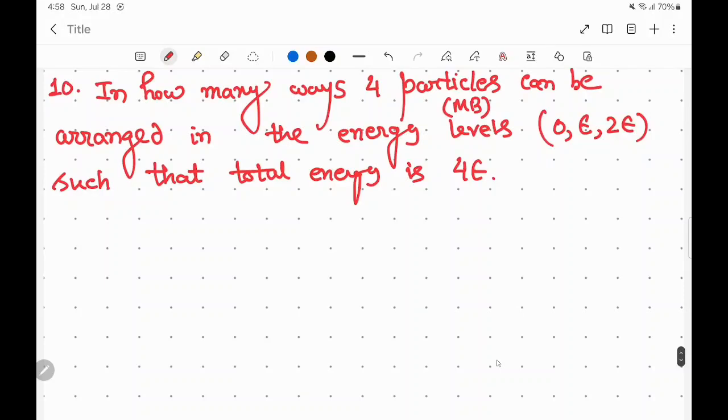Can you do this? I give you 2 minutes. If you try it, otherwise I will discuss. I can place more than one in the same energy level. Yes, Maxwell-Boltzmann particles, no restrictions are there.